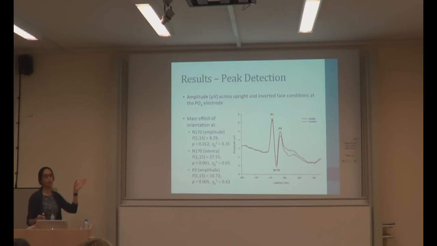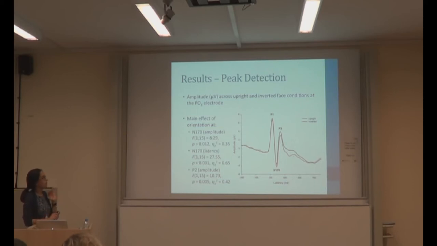This is just one electrode that happened to be in all three of those clusters that we used in the analysis. So it's not necessarily the best example for each component. It's not necessarily the electrode that shows the maximum amplitude, but it shows the general pattern in that area of the brain. This is in the right hemisphere.